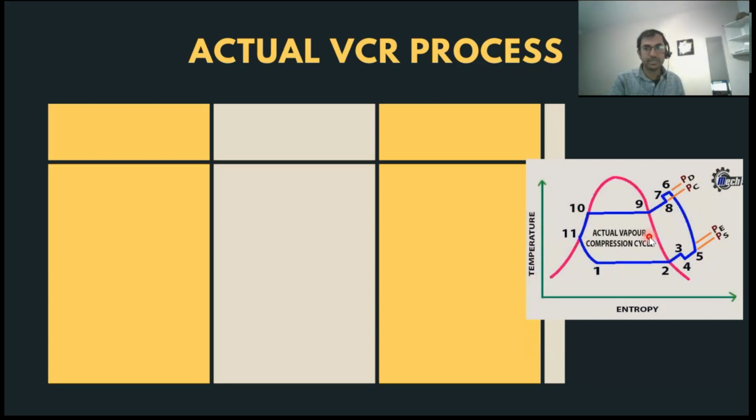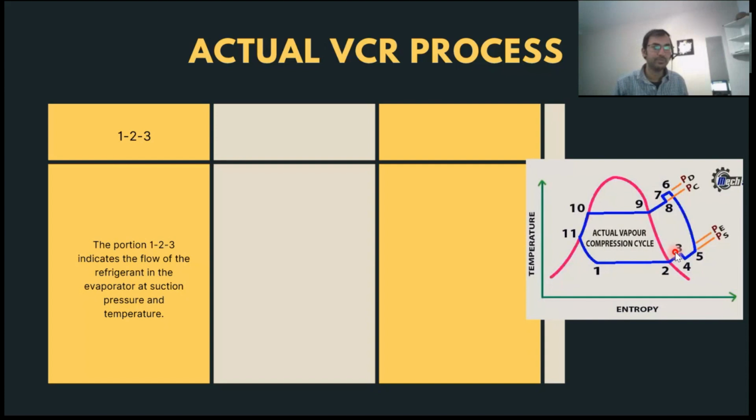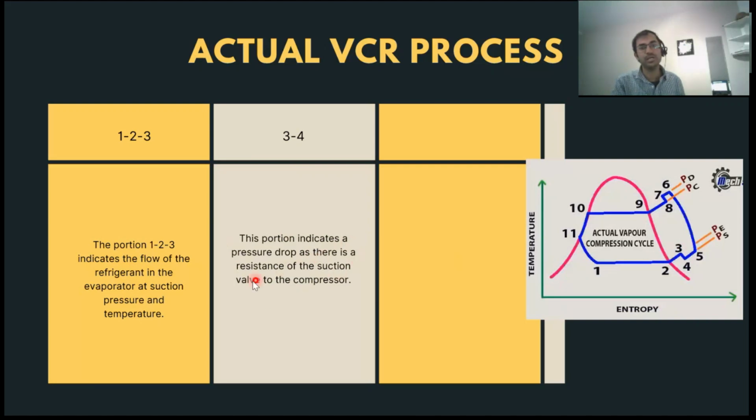If you see our diagram, the portion 1, 2, 3 indicates the flow of the refrigerant in the evaporator at suction pressure and temperature. This is the normal process. Then 3 to 4 is the loss. This portion indicates a pressure drop, as there is resistance of the suction valve to the compressor.